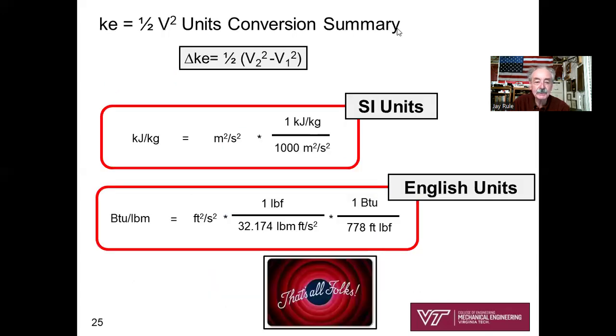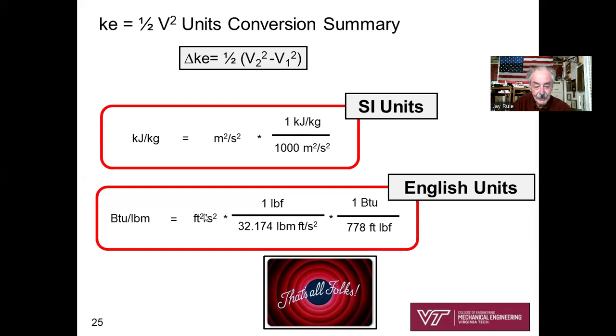Okay, and so here is the summary of kinetic energy units, the V squared units. Here's my term for change in little kinetic energy, specific kinetic energy: 1/2 V2 squared minus V1 squared. That's the expression for that. In SI units, I'm basically going to divide meter squared per second squared by 1,000, but I am going to write out all my units.